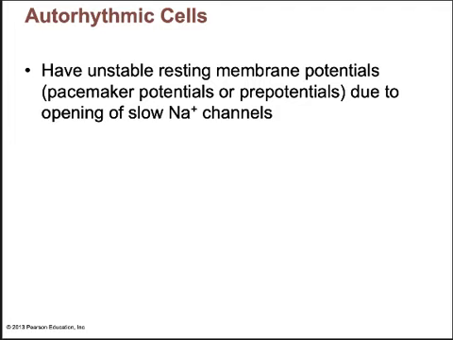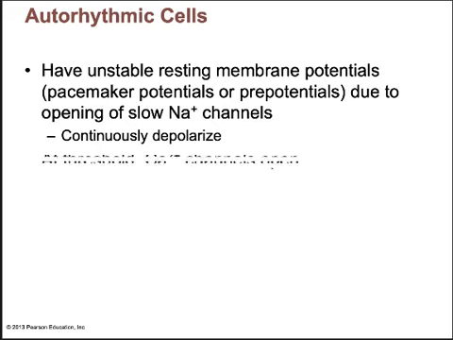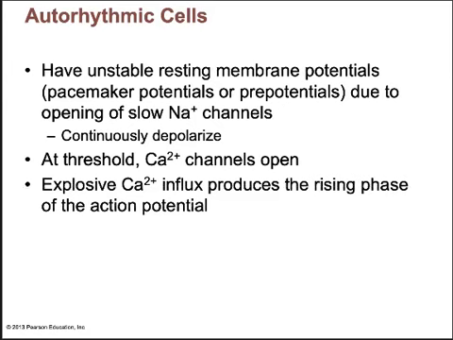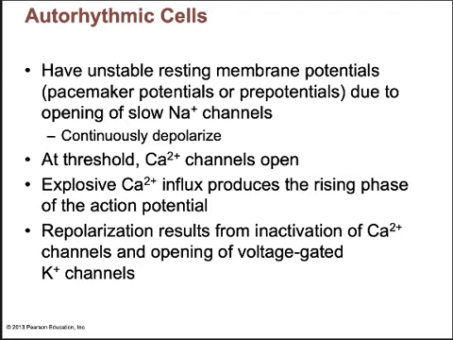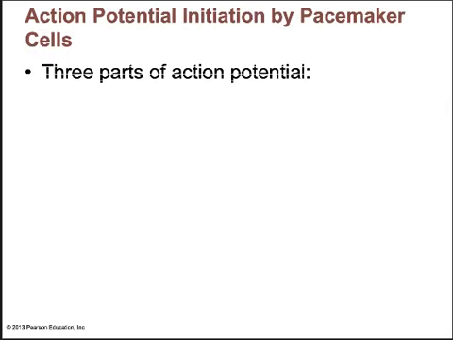Autorhythmic cells have an unstable resting membrane potential because of the opening of the slow sodium channels, so they continuously depolarize. At threshold, calcium channels pop, calcium rushes in, causing depolarization, and repolarization results when the calcium channels are inactivated and the potassium channels are wide open.